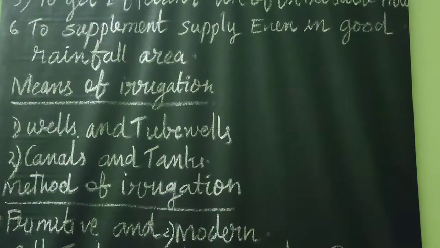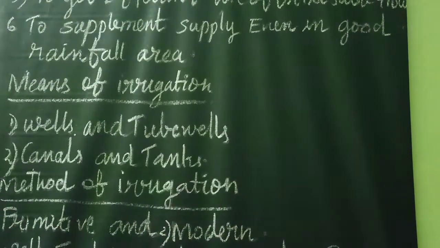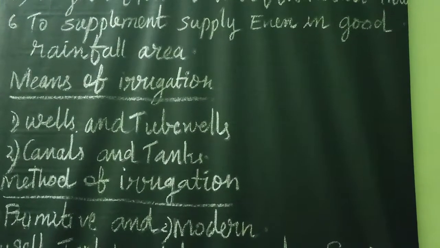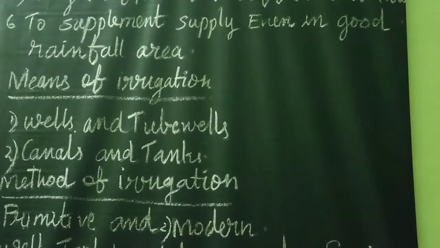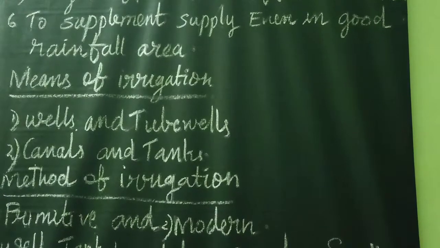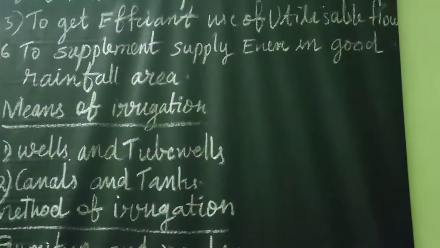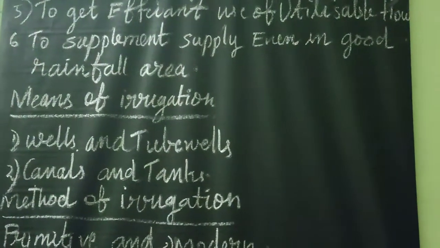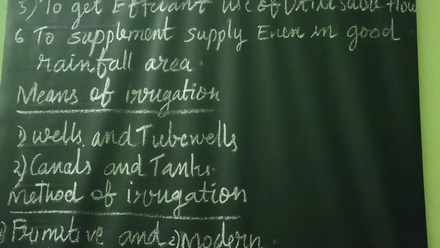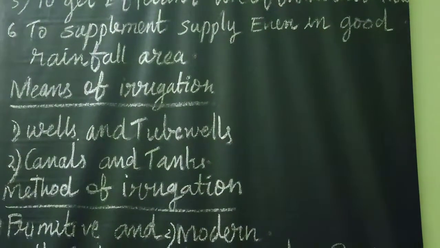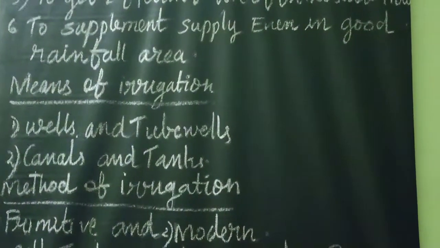That means the areas getting good rainfall also need extra water. If a drought occurs occasionally, we should maintain irrigation facilities to provide extra water.